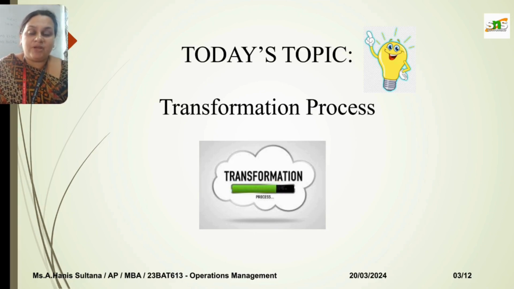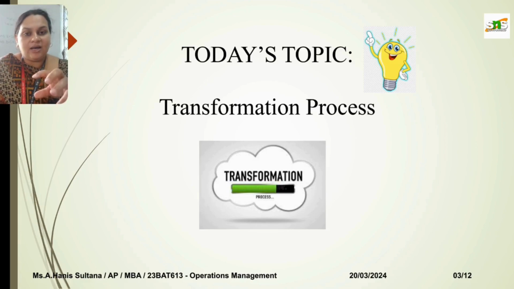When does the finished product stage take place? Definitely when the transformation process takes place. Raw material, which is the input, is converted through some stages of operation, which is called transformation, and the resultant outcome we call the output, the finished product.